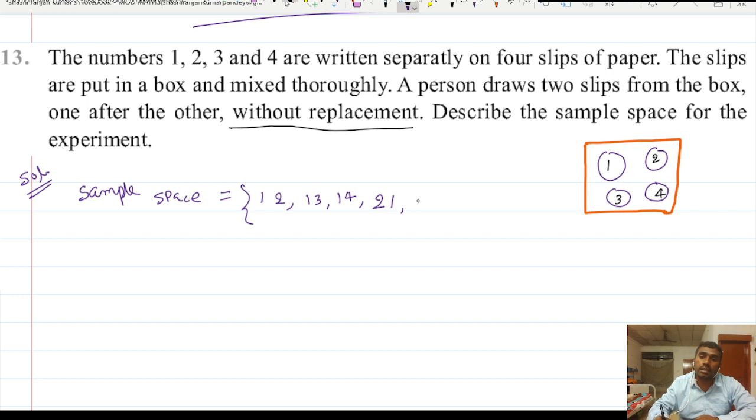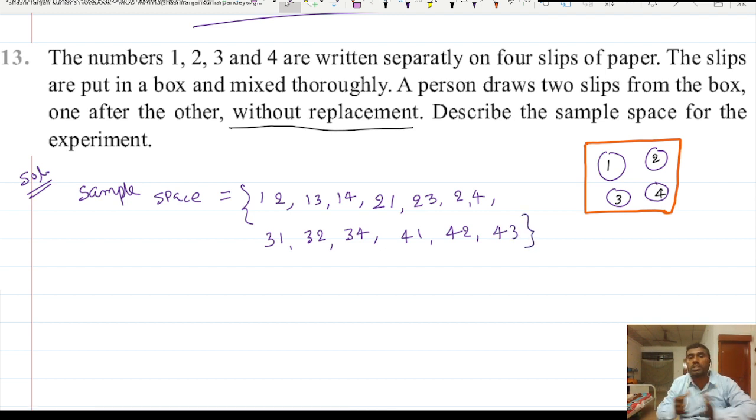Then similarly 2, 3 we can get, then 2, 4 we can get. Similarly, suppose the first draw is 3: 3, 1 you can get, 3, 2 we can get, 3, 3 is not possible, so 3, 4 you can get. Similarly, 4, 1 you can get, 4, 2 you can get, 4, 3 you can get.